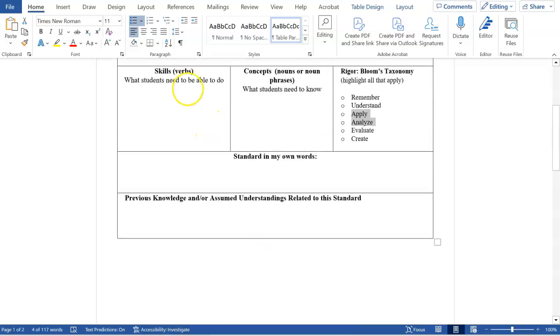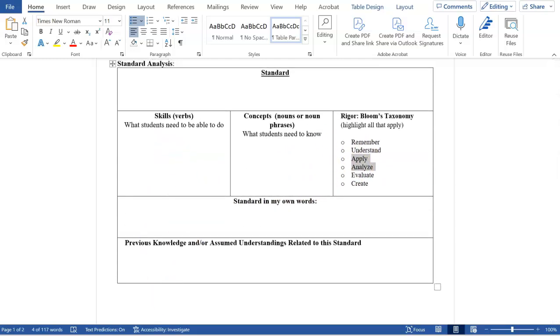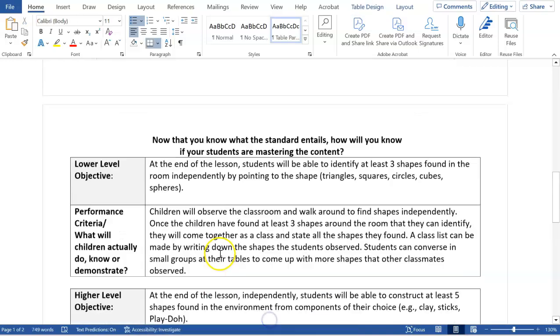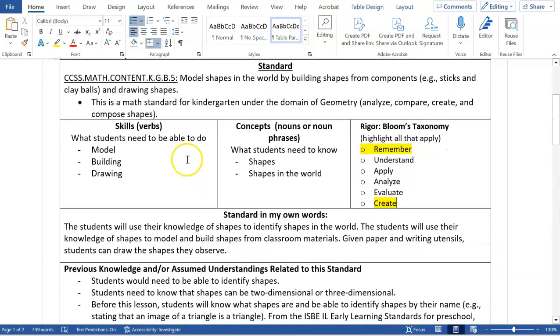So after you have broken down the standard by the verbs, the nouns, and the level of Bloom's that you want to address, then you can go back to the standard and think about, if I were going to be teaching this, what would it look like? How would I break this down? And sometimes people make this more complicated than it needs to be, because really it's things like the students will be able to demonstrate their knowledge of shapes.